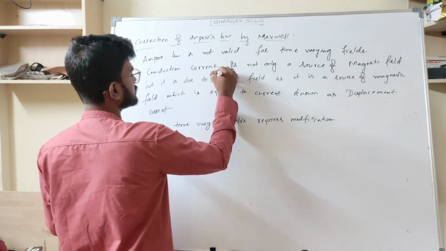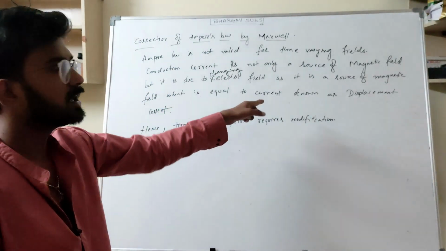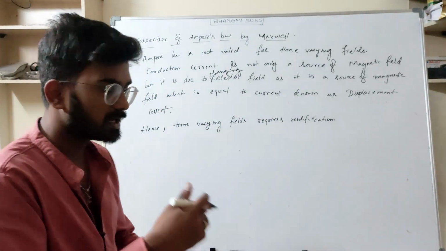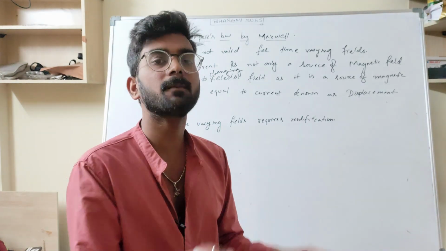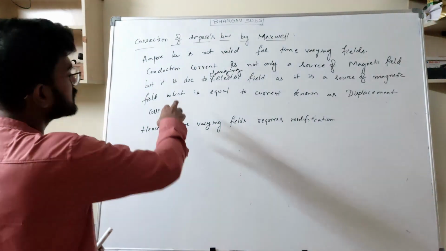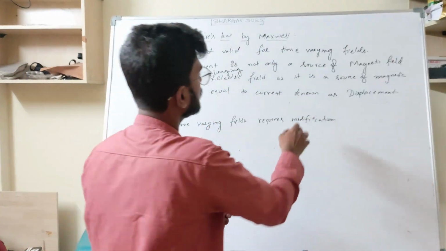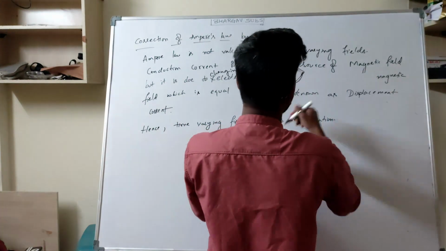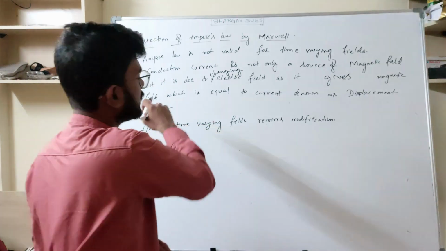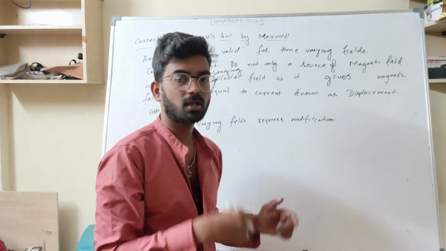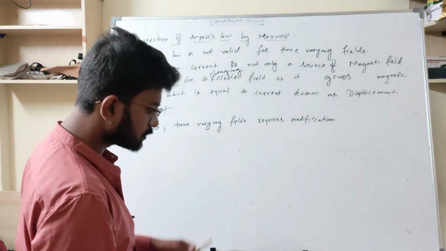The changing electric field is a source of magnetic field, which is equal to the displacement current, there was a current displaced in it. So we require a modification. Let us do that modification.